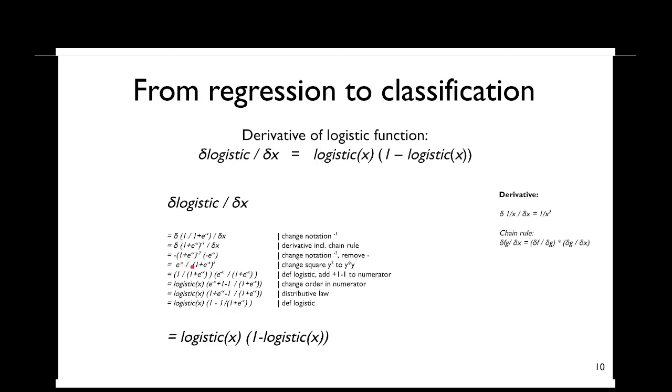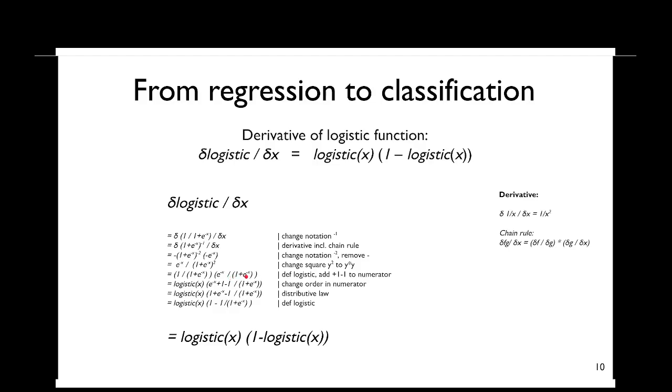We write e to the power of minus x divided by 1 plus e to the power of minus x, times 1 plus e to the power of minus x. Then we separate the two numerators, and we get 1 divided by 1 plus e to the power of minus x on one side, and on the other side e to the power of minus x divided by 1 plus e to the power of minus x.